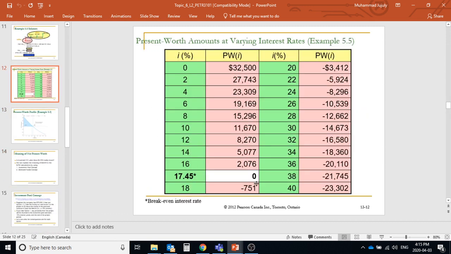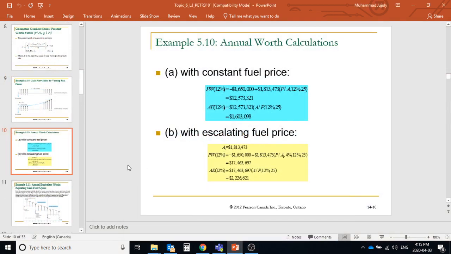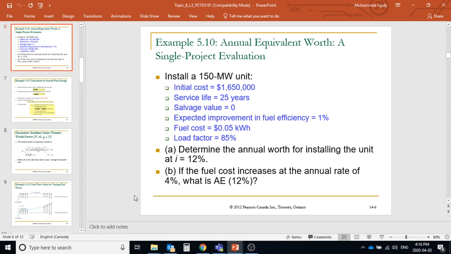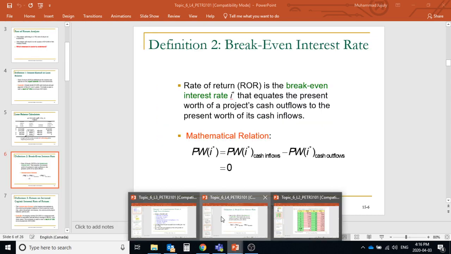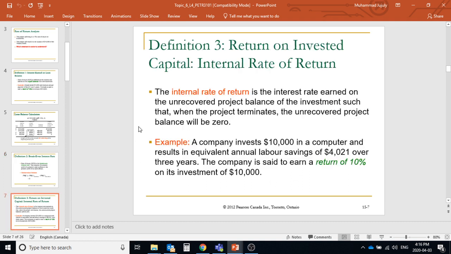Very similar concept here. This is the mathematical relationship: ROR, the initial rate of return.